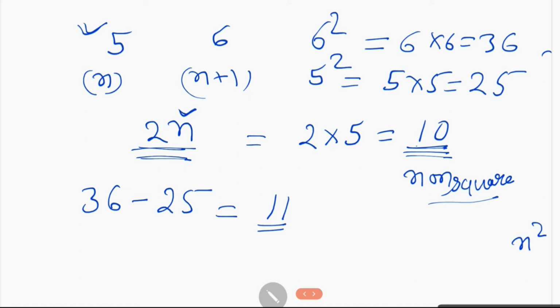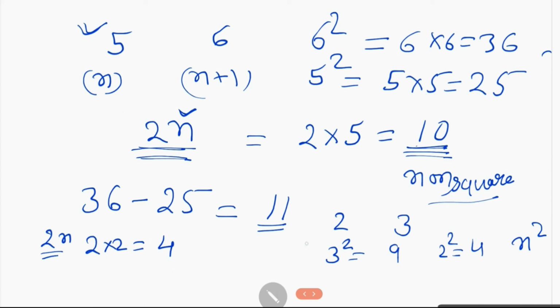Like, if you want it for 2 and 3, how many non-square numbers are there between them? 3 square is 9, and 2 square is 4. By 2n, 2 multiplied by 2 is 4, so there will be 4 non-square numbers. And the subtraction, 9 minus 4, is 5. So we always get one less than the difference between the squares of these two numbers.